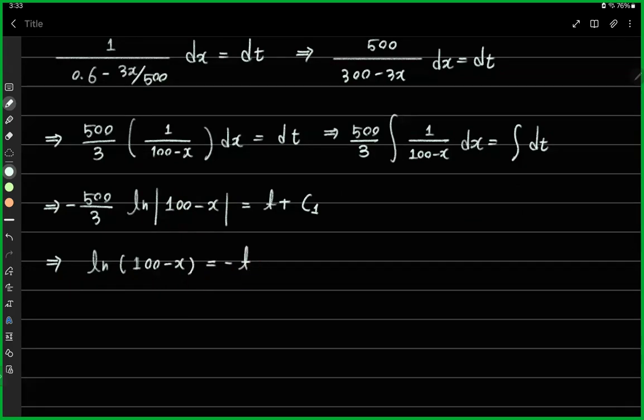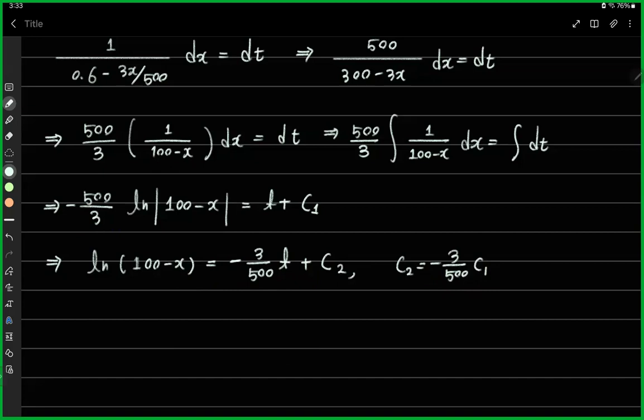We just move 500 over 3 to the right-hand side, so we got minus 3 over 500 times t, plus c2, where c2 is equal to minus 3 over 500 times c1. Sorry.